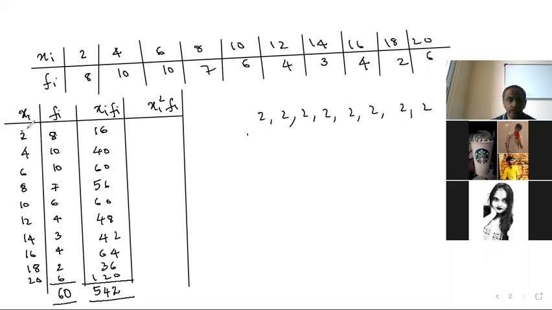Now the sum of the squares. You are supposed to square all the elements and add. Like this, 2 square, then 4 square, and so on. So what we'll do is square this and multiply with 8. So 4 into 8 is 32. 16 into 10. Can you do it yourself? Please do it yourself. Square the observation and multiply by the frequency.